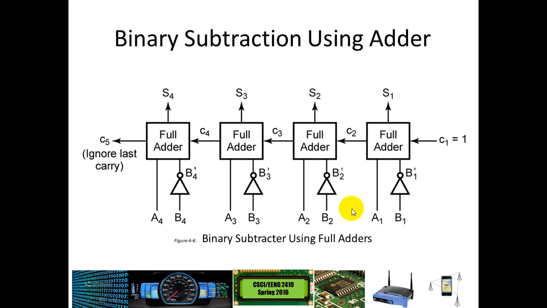And then our B value, we're converting to the 1's complement here by doing the inversion of all the bits. And then we are converting from the 1's complement to the 2's complement by having this carry in of 1 over here. And so that ultimately will give us the value A minus B, assuming that both A and B are positive integers.